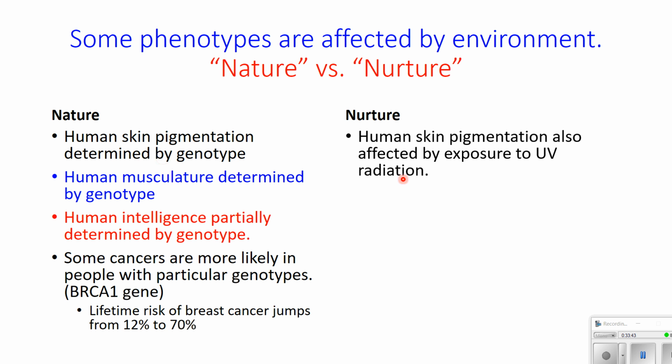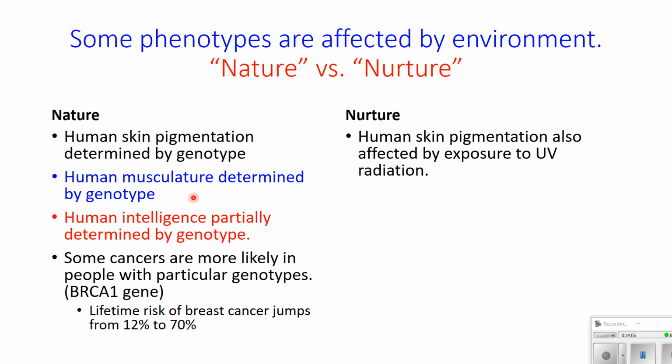Okay. Now, do some people have a greater capacity for tanning than others? Absolutely. That's the nature part. That's the genetic component. But all of us, or at least most of us, have some effect on our pigmentation just from being in the sun.